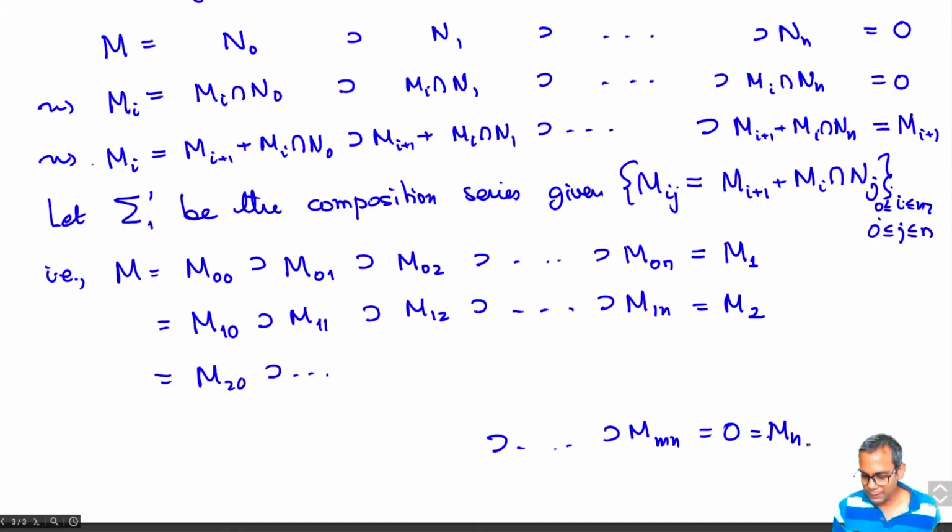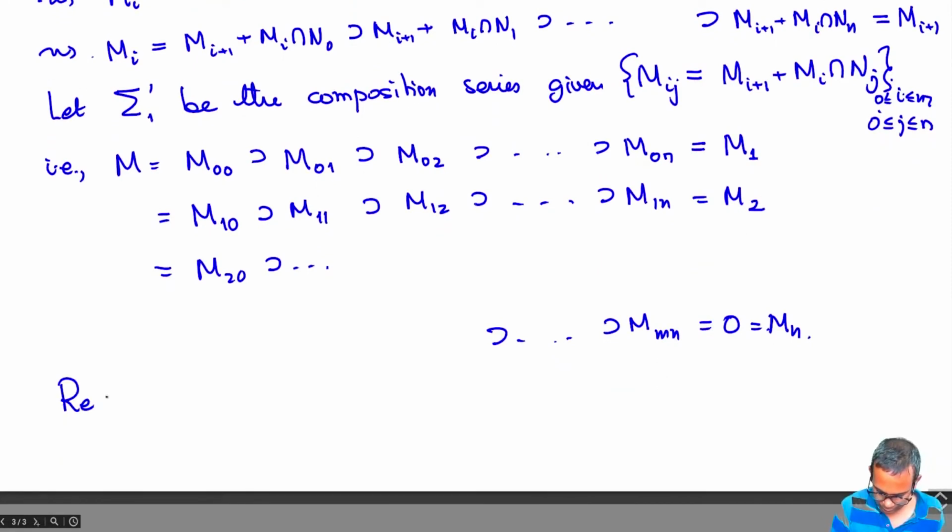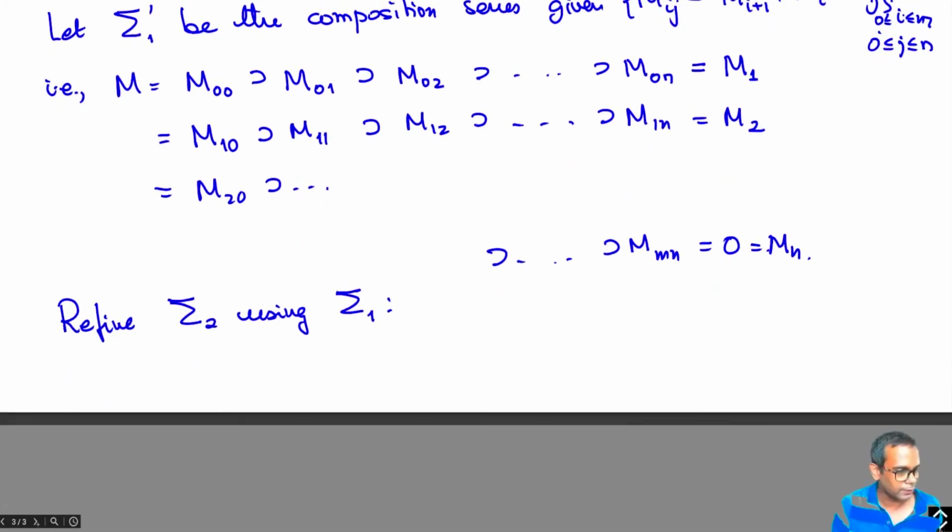Okay, and in a similar manner we will refine sigma 2 using sigma 1. Let me just do it again just to give you the hang of it. So what we are starting with is the filtration sigma 1.